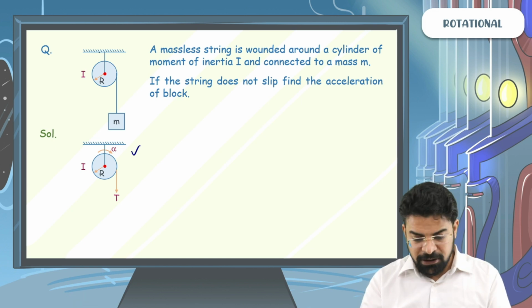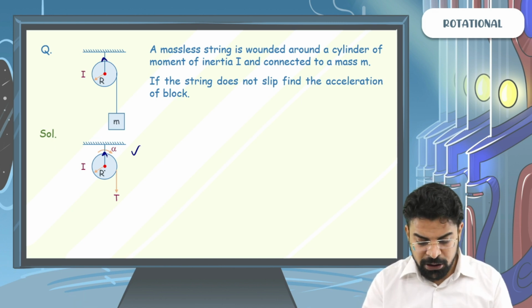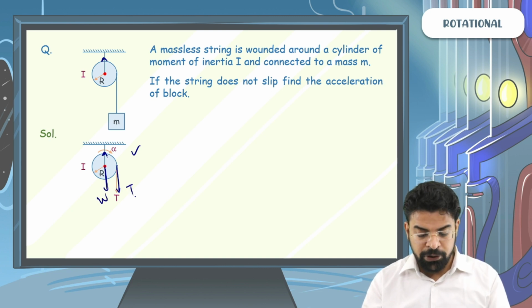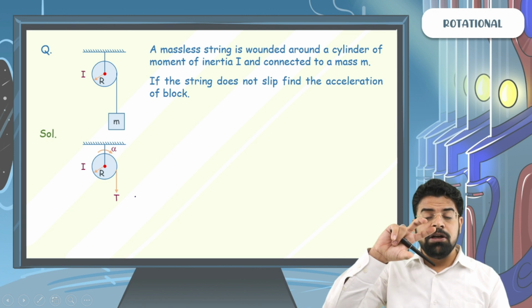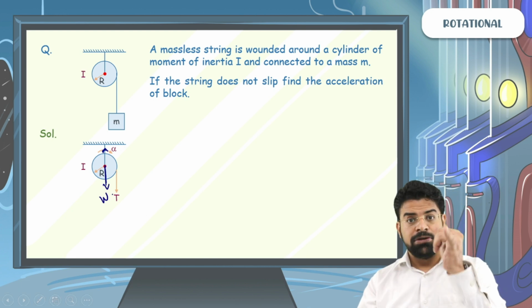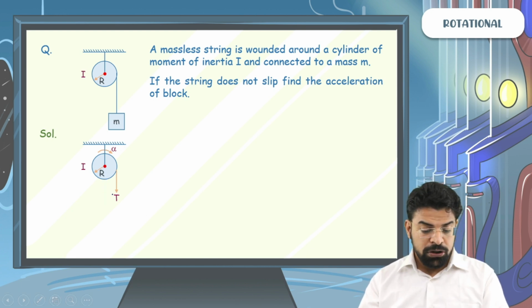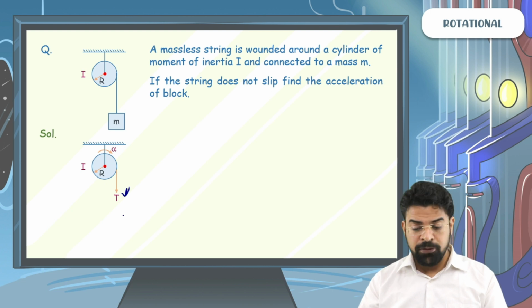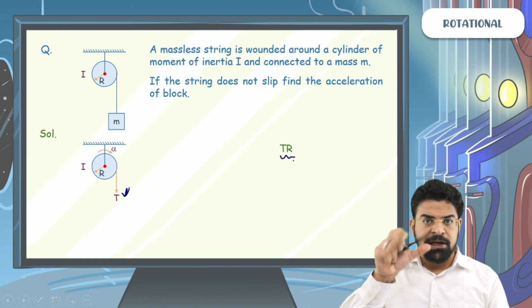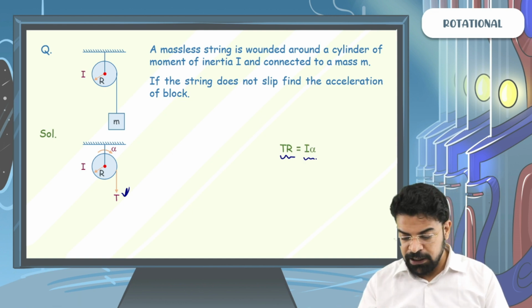On the cylinder there will be the force by the string, its own weight, and a force of tension. But the force of tension is the only one producing a torque, because the force by the top string and the force due to its own weight pass through the axis, so their torque is 0. So torque is only produced by this tension T. Making the torque equation, the net external torque, T into R, tension into radius, equals I into alpha.